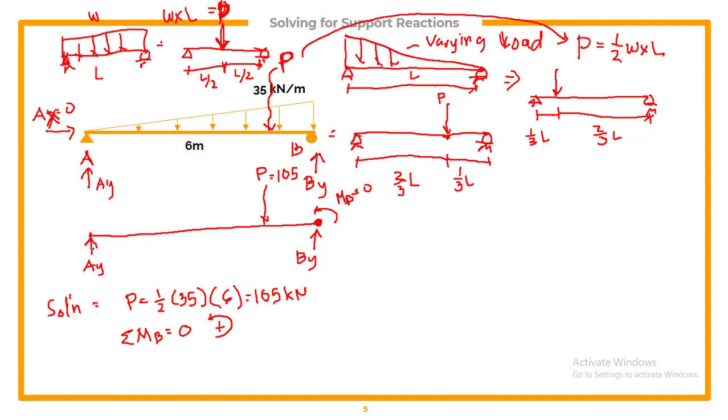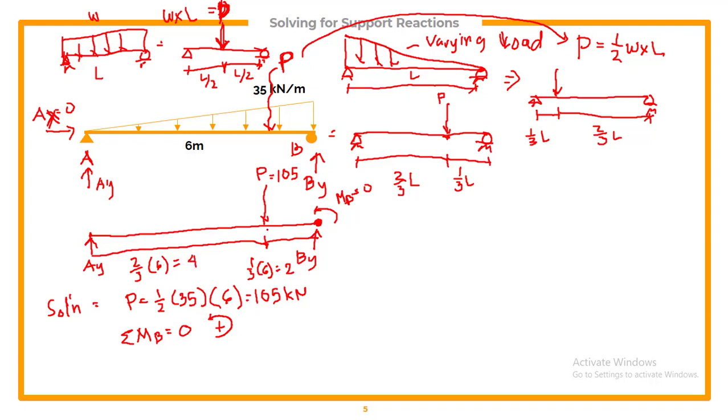I forgot to put the distance here. This is 1/3 of 6, or 1/3 times 6, which is 2. Then this is 2/3 of 6, which is 4.